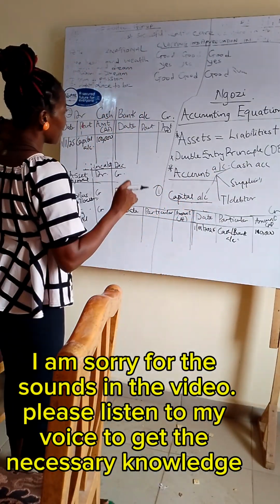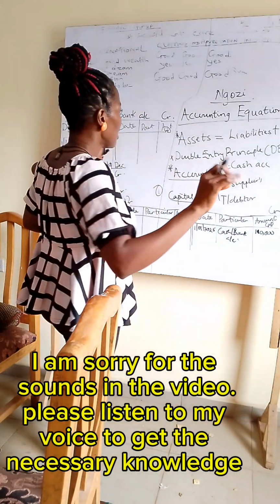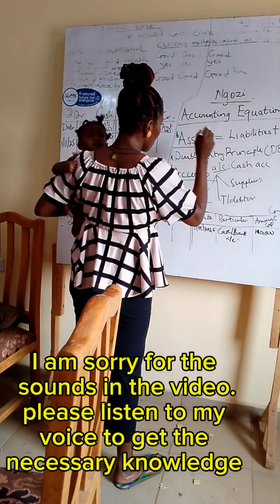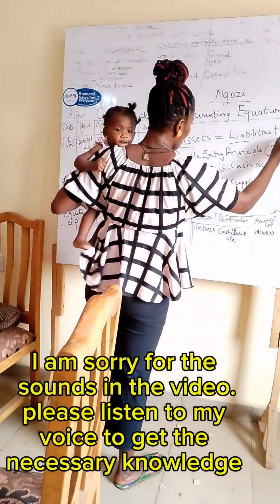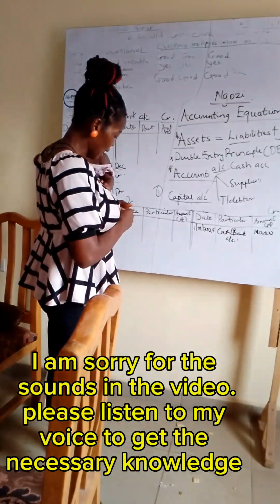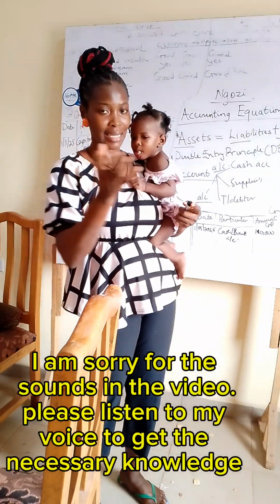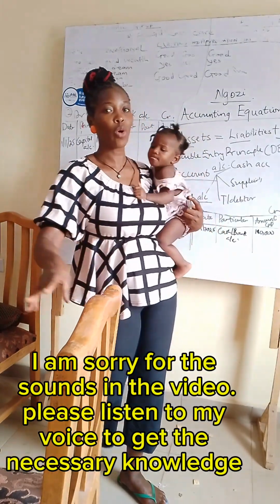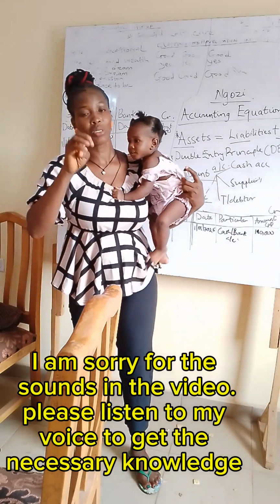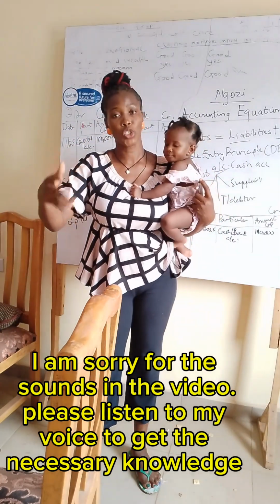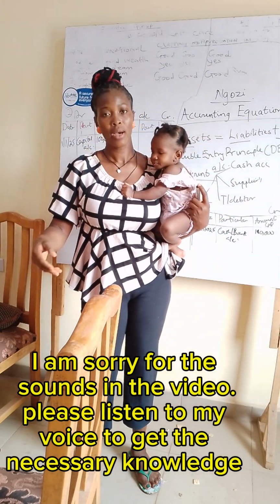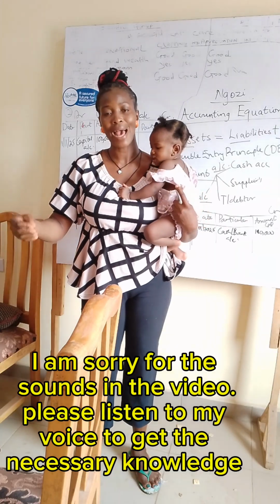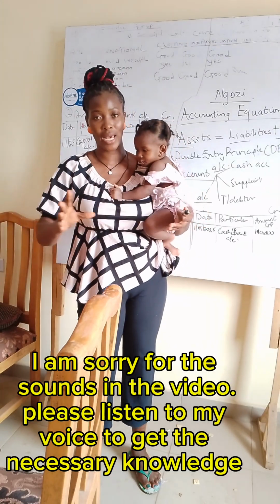Now, we see that in the accounting equation, assets equals liability plus your equity. Meaning that the sum total of the assets that you have in your business must be equal to the sum total of your liabilities, what you owe, be it loan, be it trade creditors, and the money you use to start the business together.